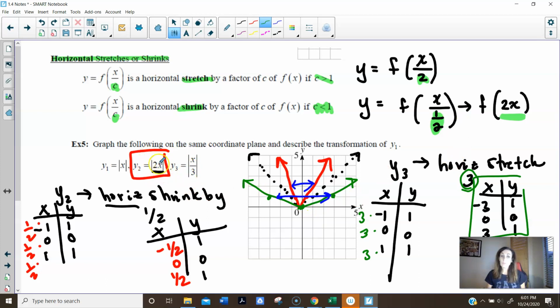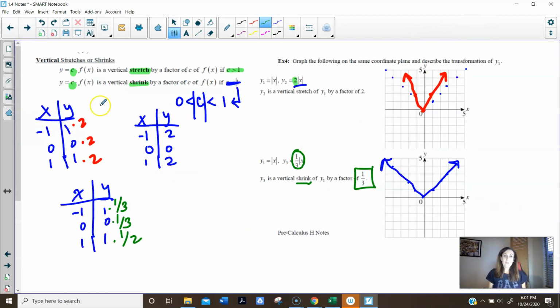So this one, the number was 2, so I multiplied the x values by a half. This one was 1/3, so I multiplied the x values by 3 because it's based on this formula here. So now we're using y values and we're multiplying by the exact number. So I don't know why that reads a half, but it's a third.